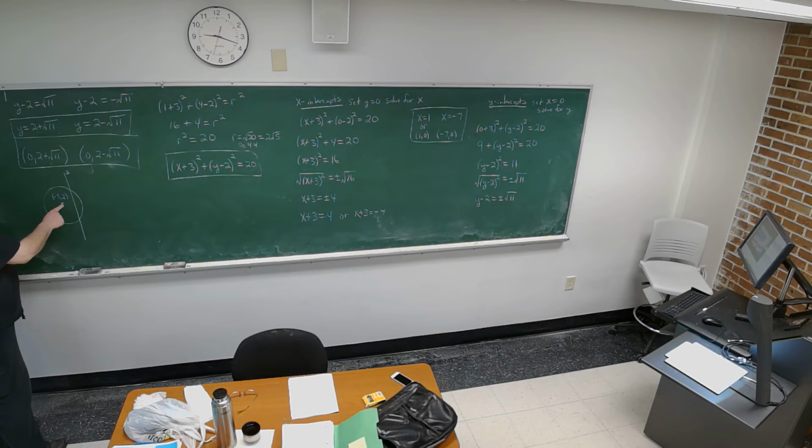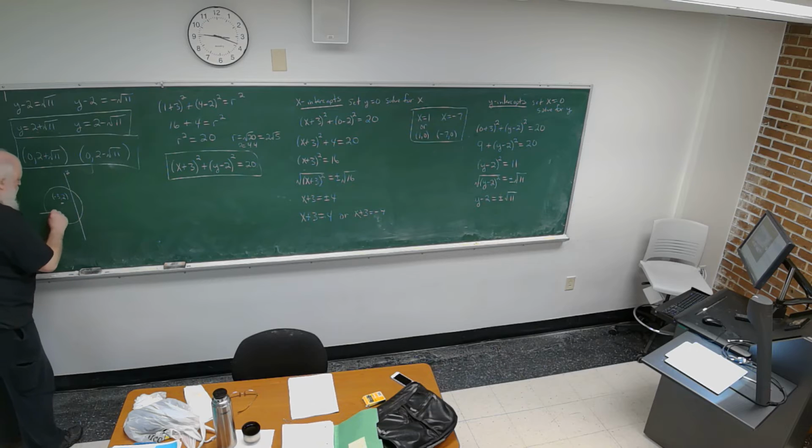Now the distance of the center to the x-axis is only 2 units. Now this isn't drawn to scale. But here's minus 3 on the x-axis, and here's plus 2 on the y-axis.